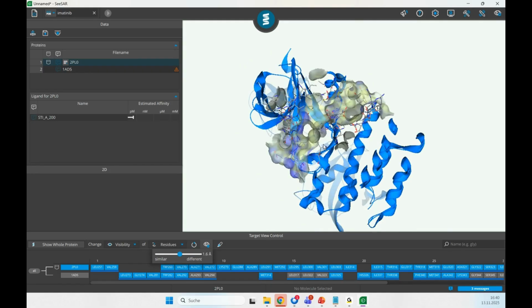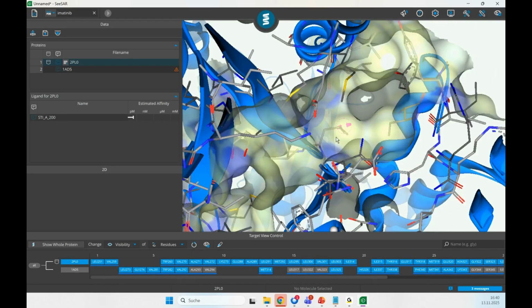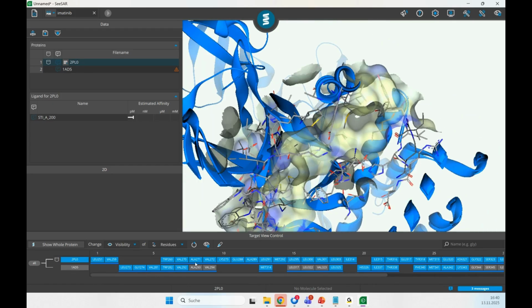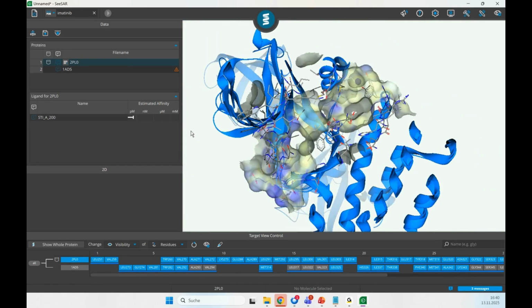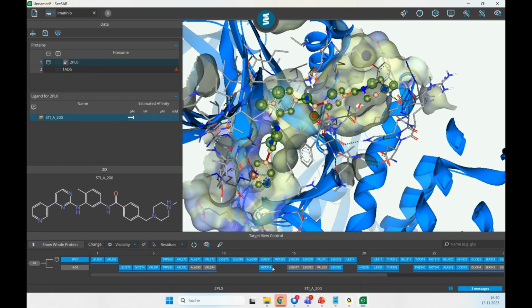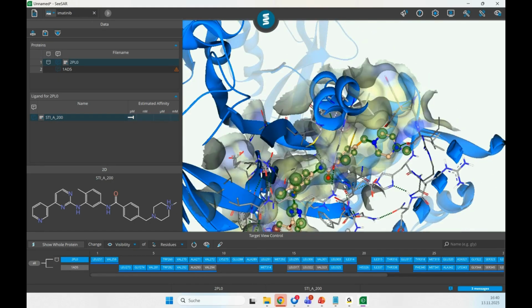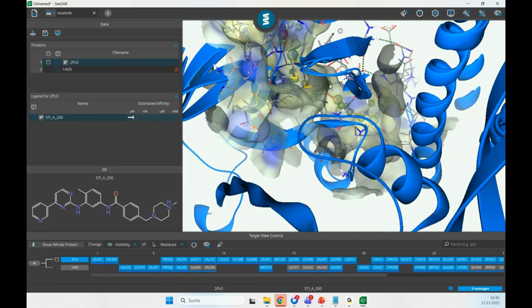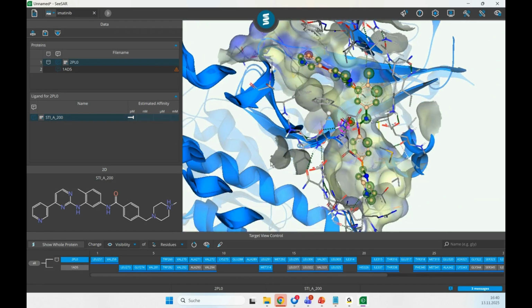So what happens now is everything that is similar disappears in this section for the second aligned protein. And dissimilar residues are still presented.